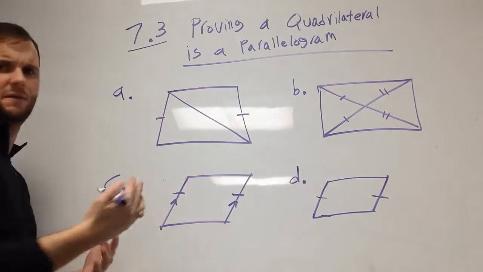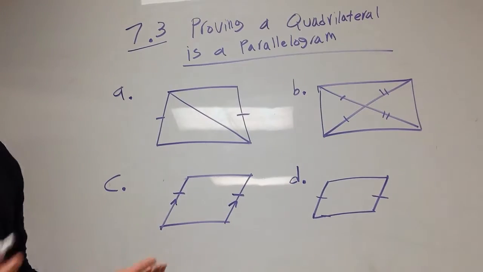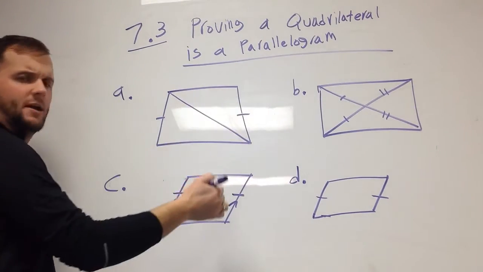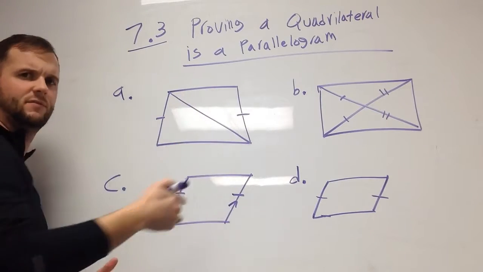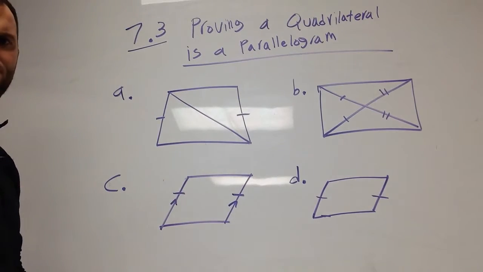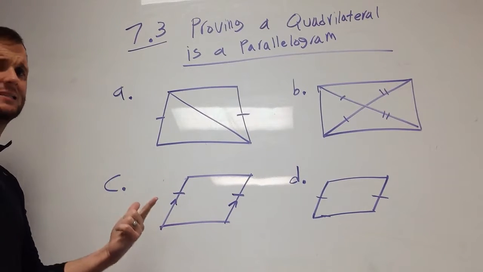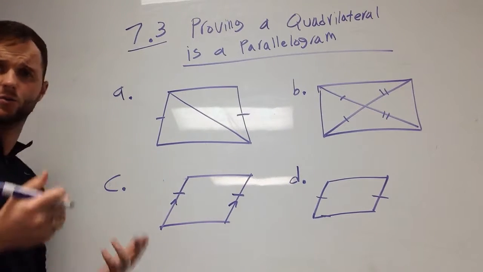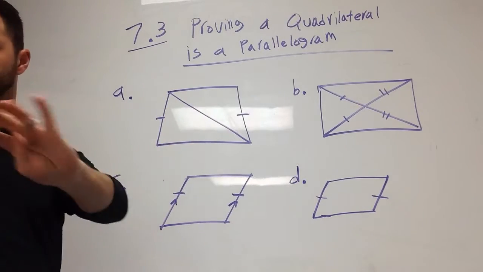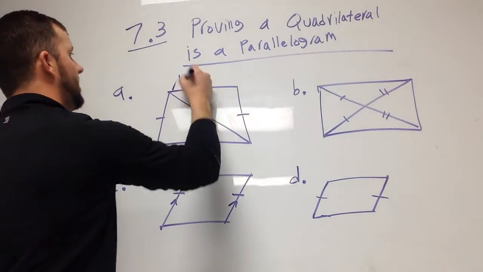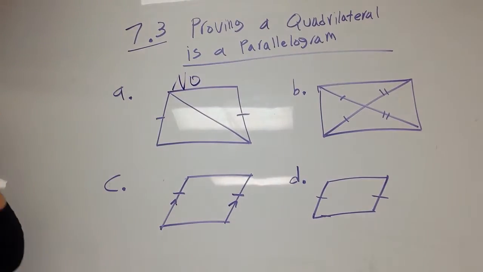Well, it says nothing about the opposite angles being congruent. The next thing we learned was that the diagonals have to cut each other in half. I don't have two diagonals cutting each other in half. And the third thing we learned was there's one pair of sides that are parallel and congruent. So none of those four things fit this shape right here. So this is going to be a no. This is not a parallelogram.